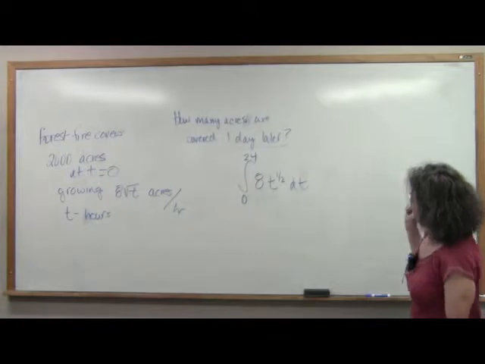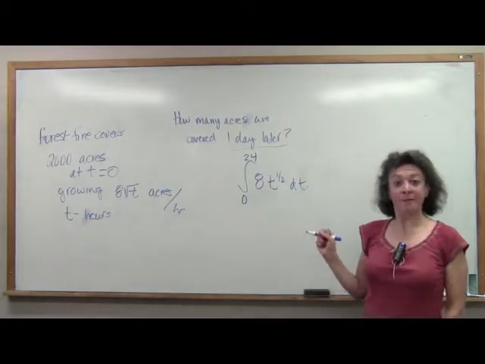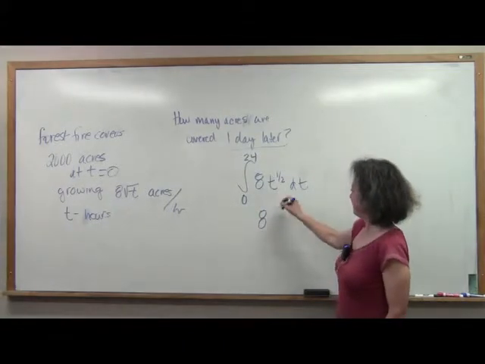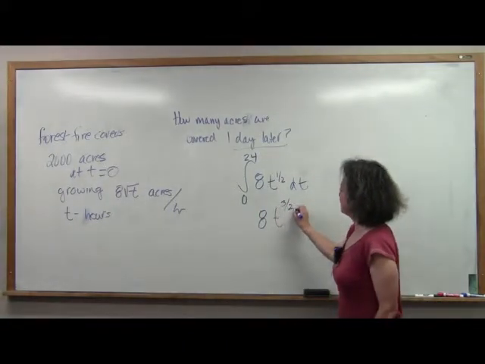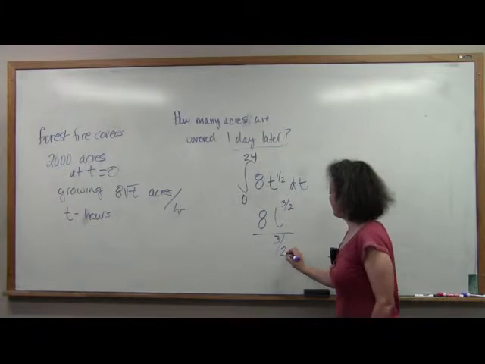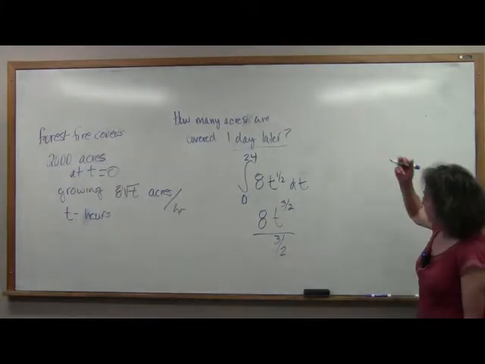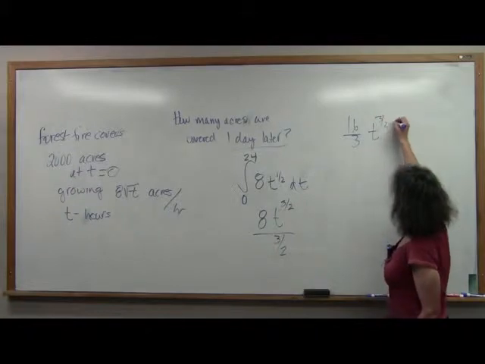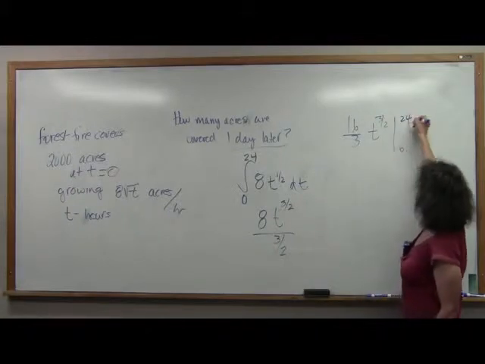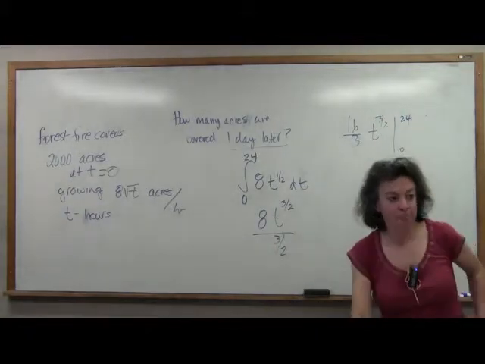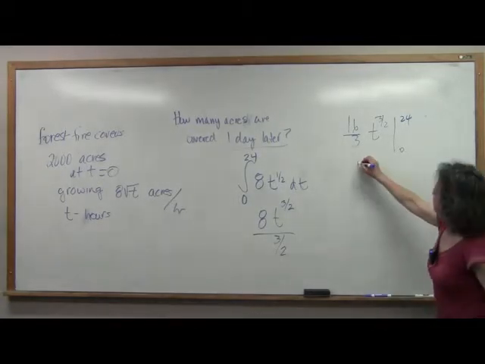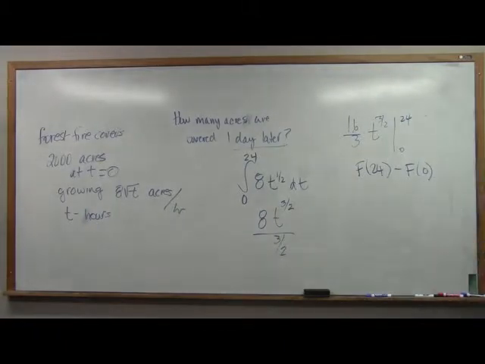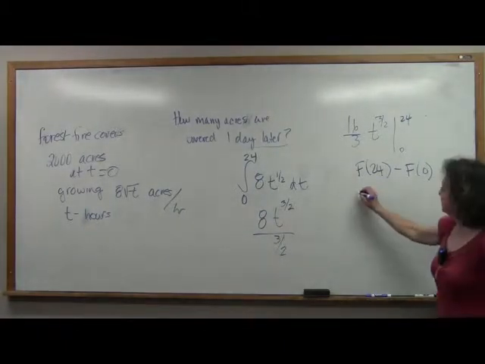Okay? So, can we compute this? You bet. How do we do it? Well, first we take our antiderivative. You add 1 to your exponent and then divide by that value. So we have 16 thirds t to the 3 halves, and we evaluate that from 0 to 24. And now what we do is we evaluate the function at 24, subtract off what we get when we evaluate it at 0.